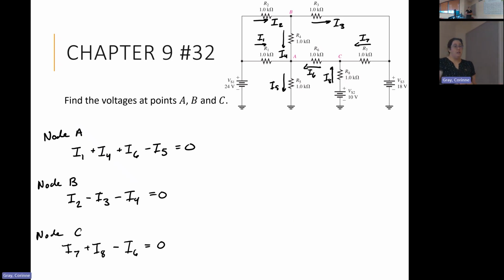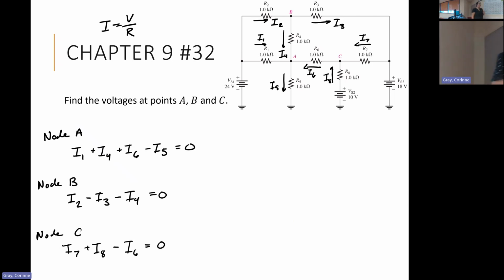In order to go through and look at these current values, we are going to utilize Ohm's law. So what is Ohm's law, where we have I on one side of the equation? In this particular case, all of the resistor values happen to be equal to 1, so that's going to make our life a lot simpler if we keep it as 1 kilo ohm. Just keep track of that. Otherwise, we'll have whatever our R value is times or divided by 1,000.